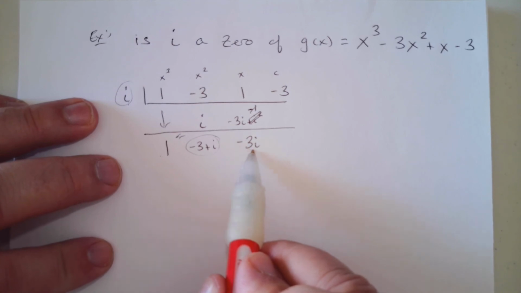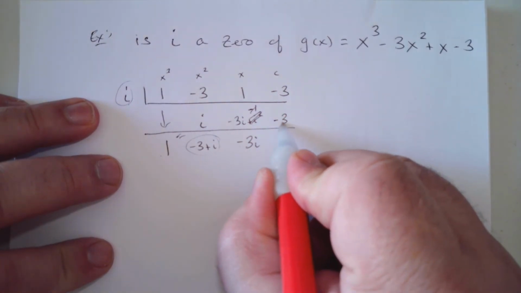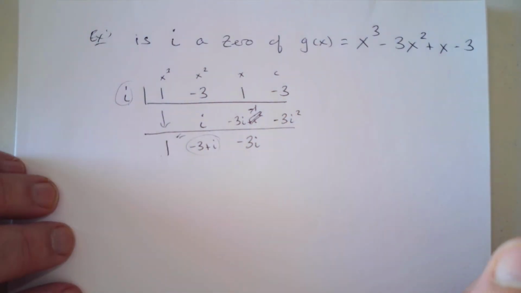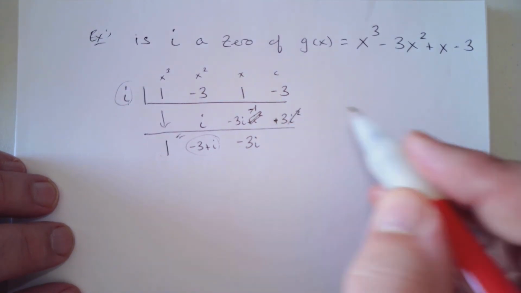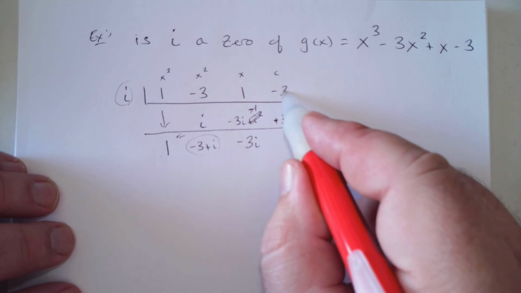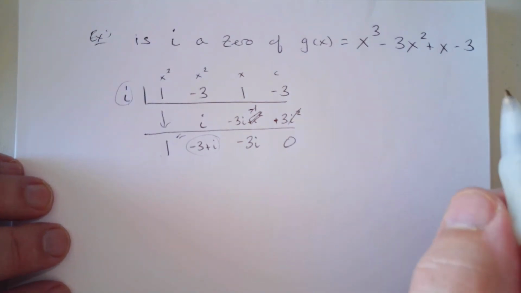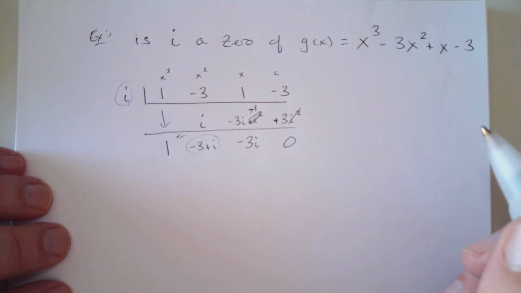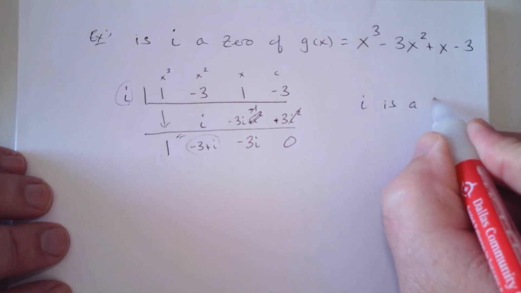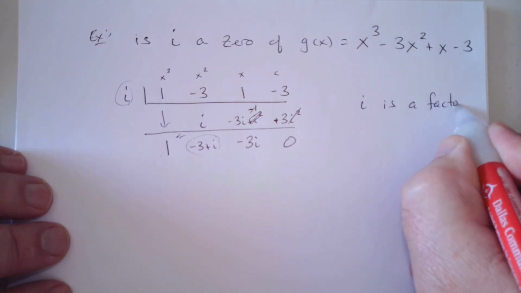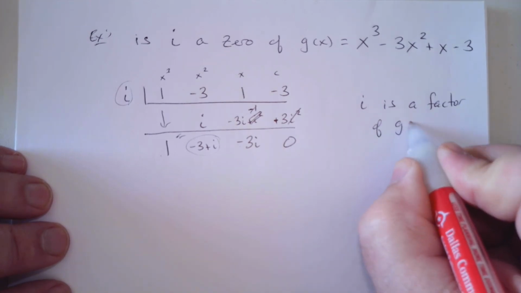i times negative 3i is negative 3i squared. i squared changes the sign. Negative 3 plus 3 is 0. So i is a factor of g of x.